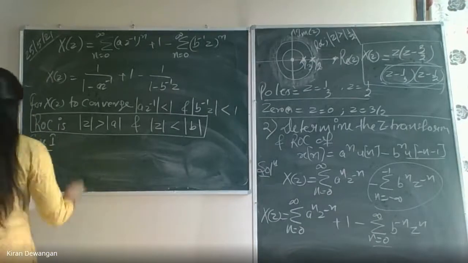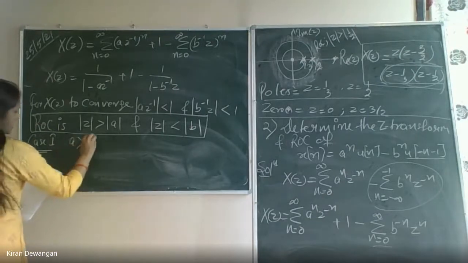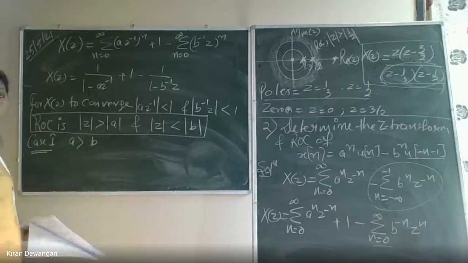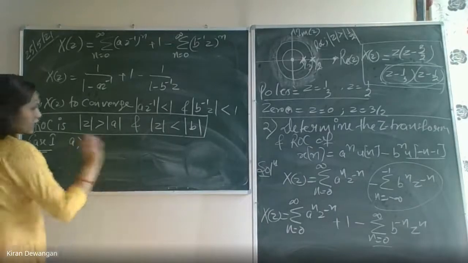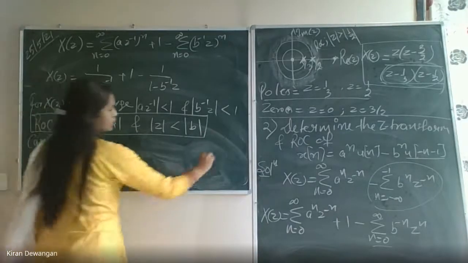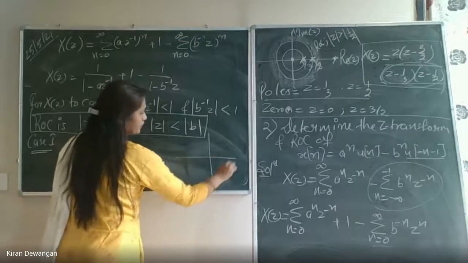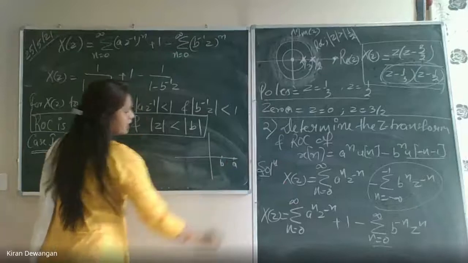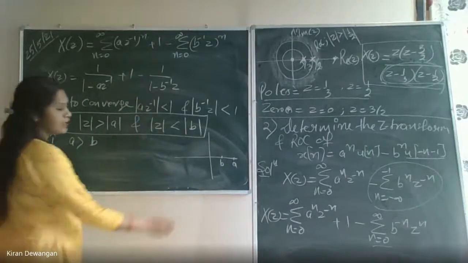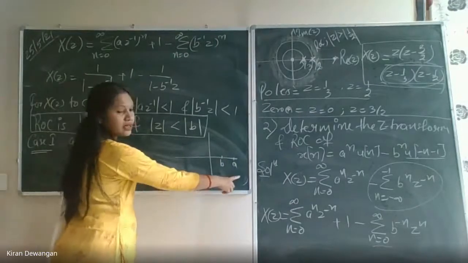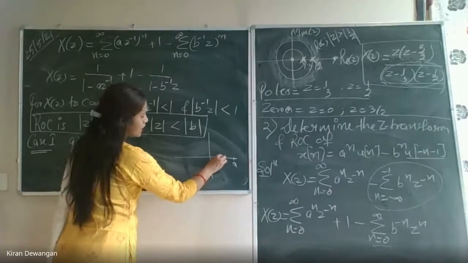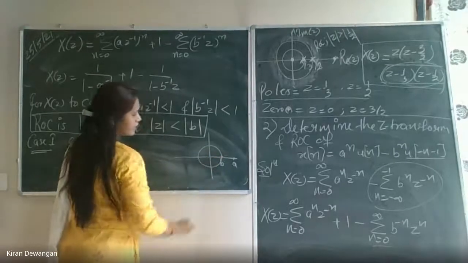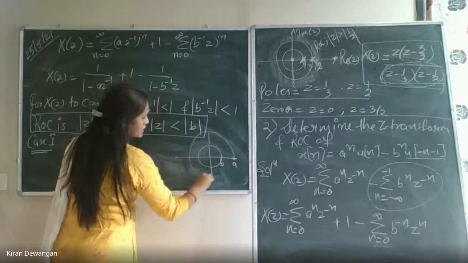Now for that, let us take case a when a is greater than b. Now since according to our condition, if I am plotting, let us say b is somewhere here and let us take a is somewhere here. ठीक है. I will just plot a circle with radius b and with radius a.